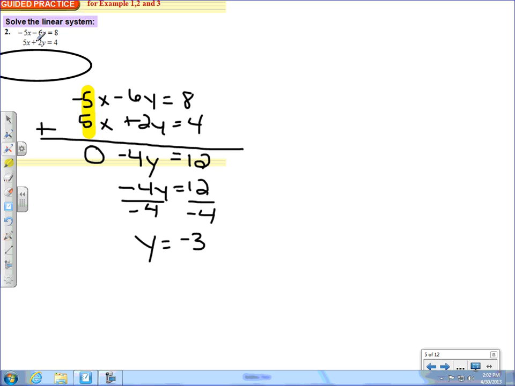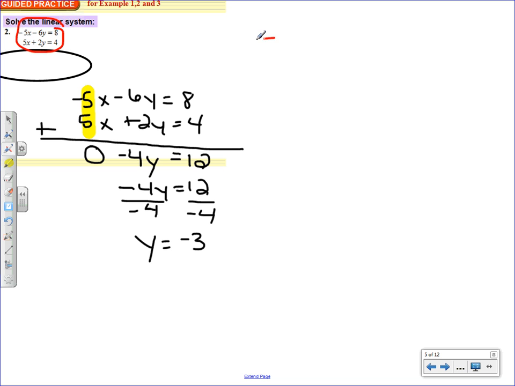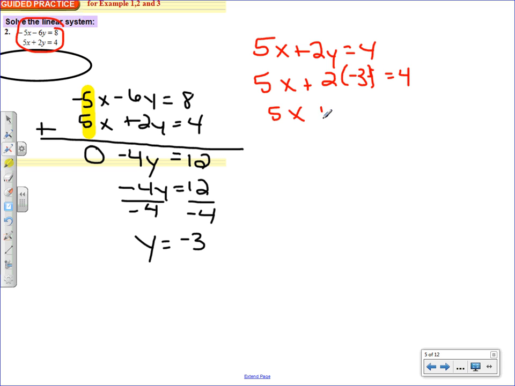Take that value into either of the originals. I'll use the second one in this example. 5x plus 2y equals 4. 5x plus 2, instead of y, I'm going to put in a negative 3. Oops, let's try that again. Equals 4. I'm going to stop there and fix that.